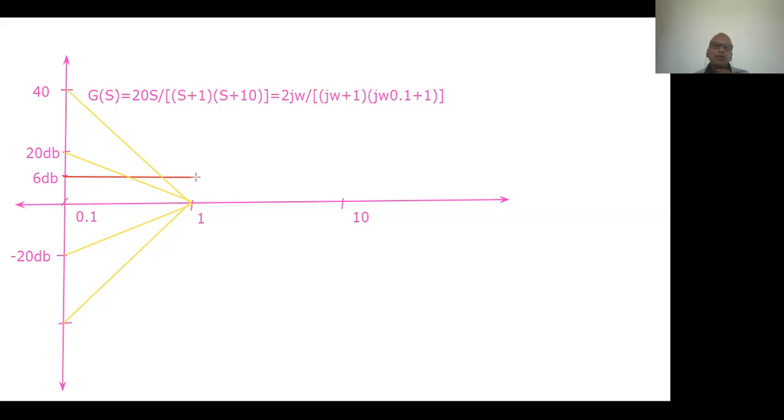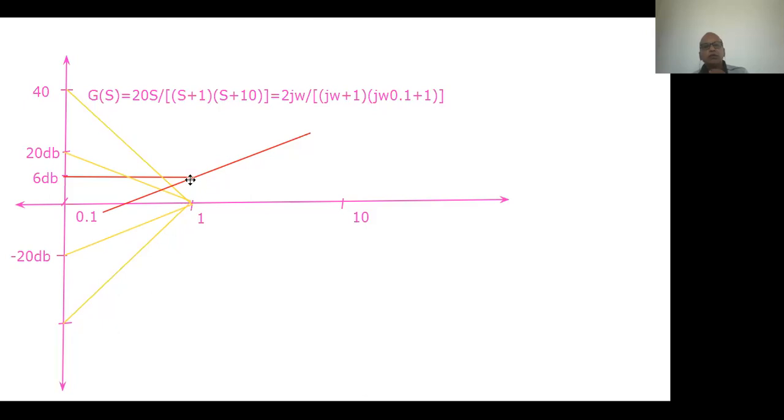Draw the line from this point, parallel to this line. Okay, here is the line, parallel to this line.